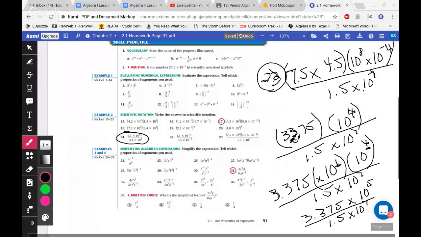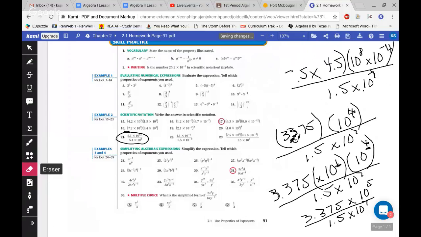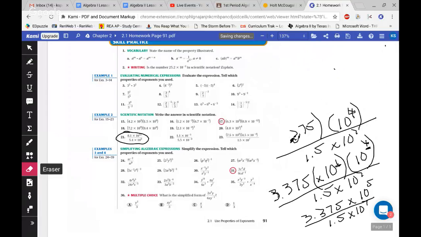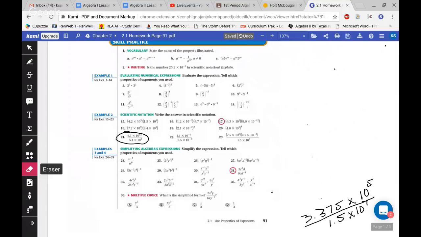So I'm going to erase the top part so I can continue the problem up here. And now for this next part, I'm going to do the division problem like I did in number 21.